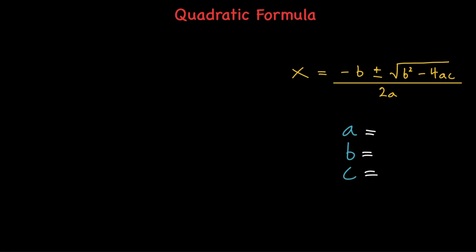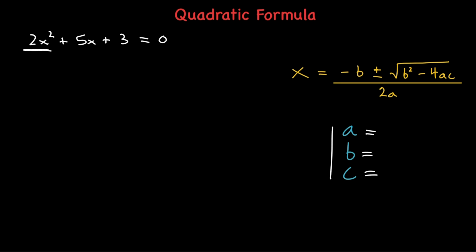For our next example, let's solve 2x squared plus 5x plus 3 equals 0. And so the way we do this, our first step is identifying our values of a, b, and c. A is the coefficient next to the x squared.